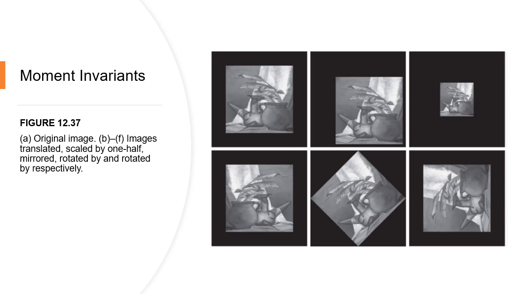Now we look at this picture just to demonstrate how the moment invariance really is invariant under some geometric transformations. This is the original object. Now we reflect the object to become that one, and then we scale down to become that object.